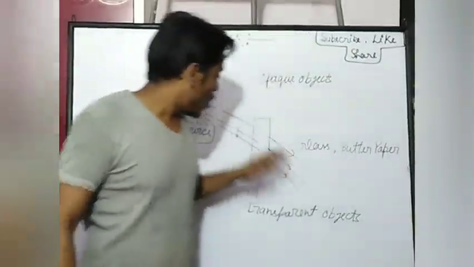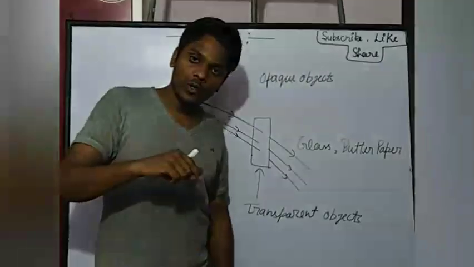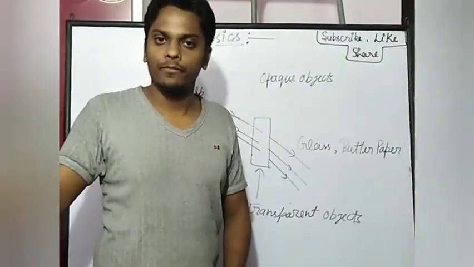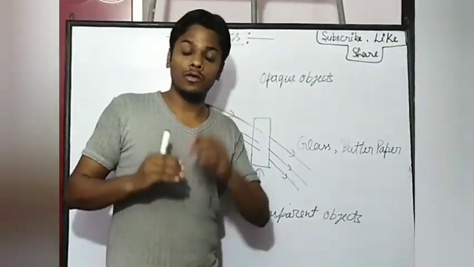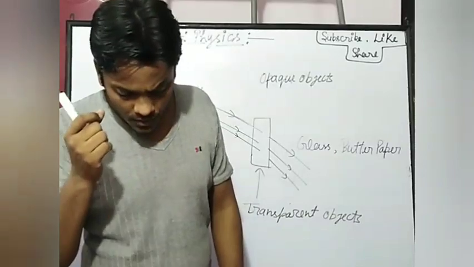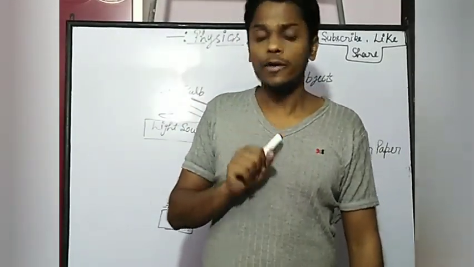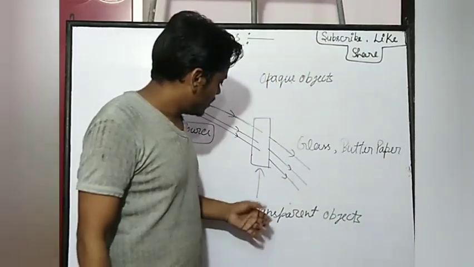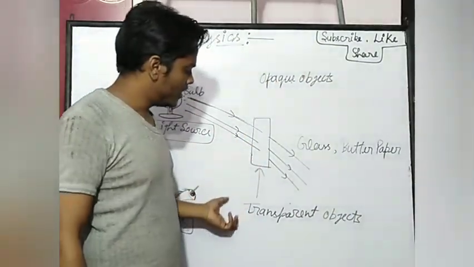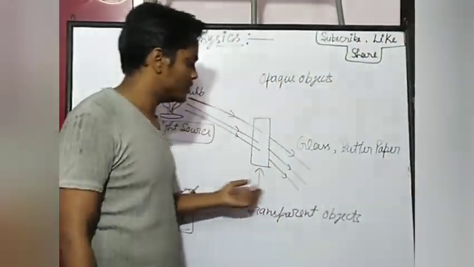Why? Because all the light rays fall upon that door and pass through it. That's why some visitors don't notice there is a door. So if we use glass over here, it is known as a transparent object.